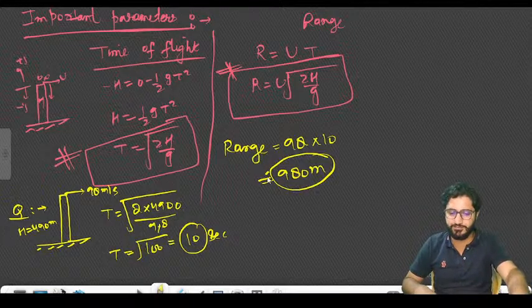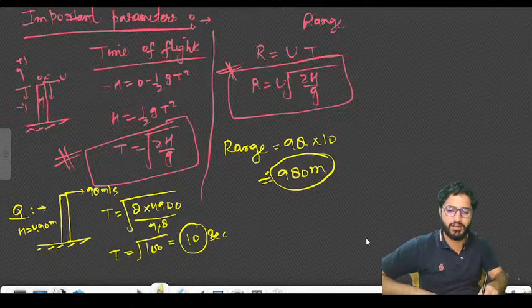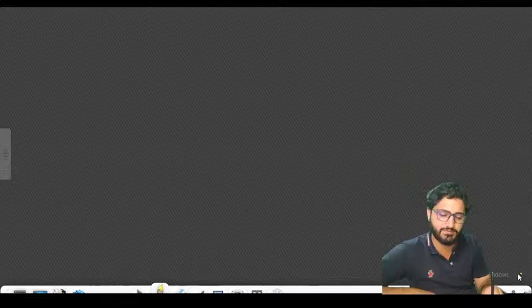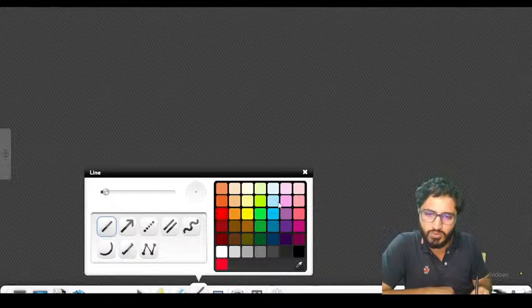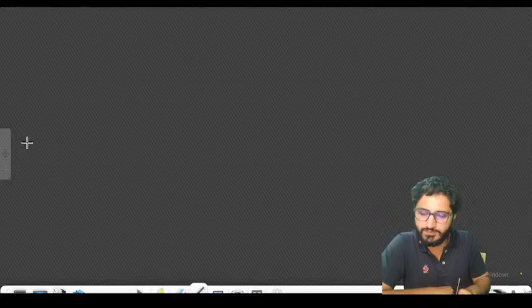Now look, a very good numerical. We are having two buildings.